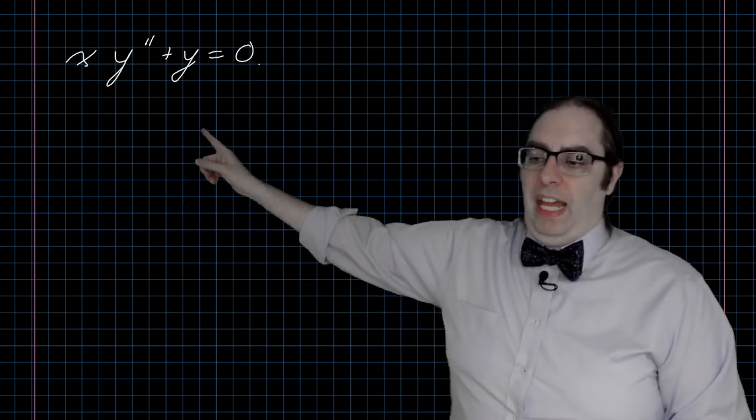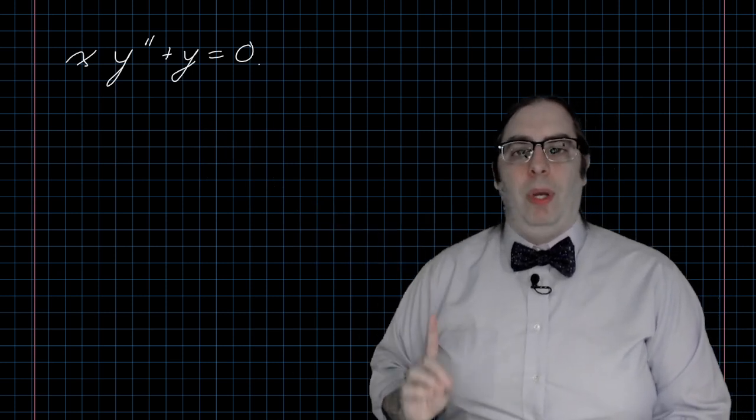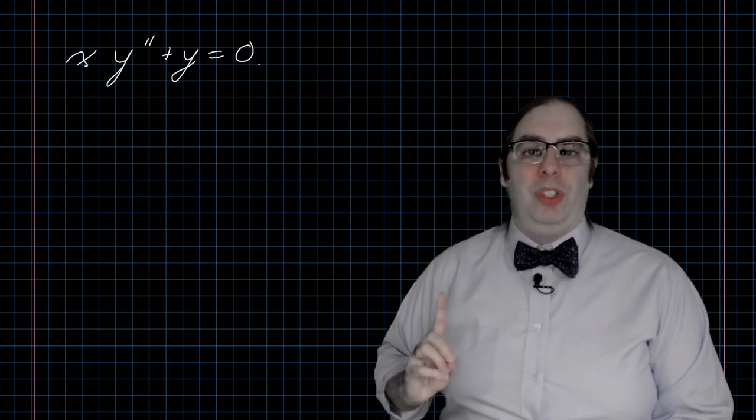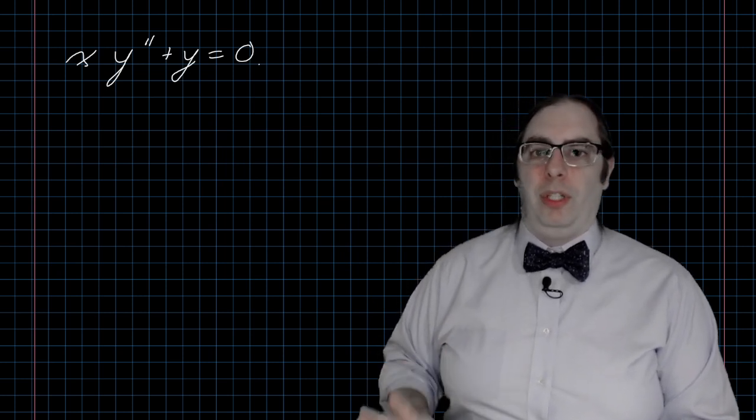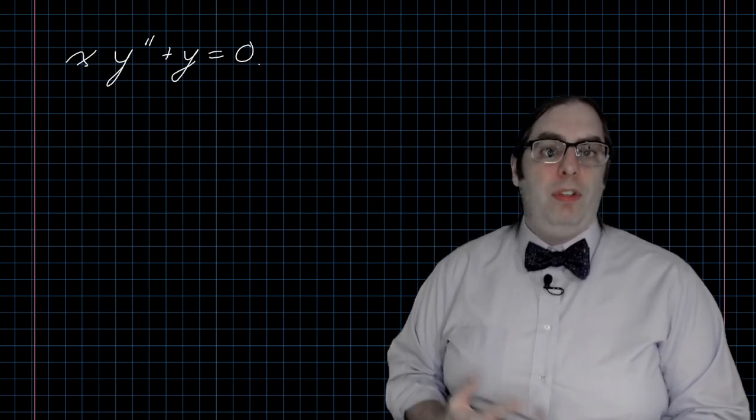And because that x is on the y double prime term, if you try to divide it out, it will give you a singular point, which is thankfully a regular singular point, so you can use the method of Frobenius to solve this one. Take a few minutes to see where you can get to with that.